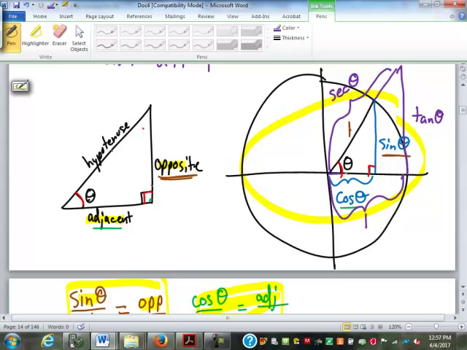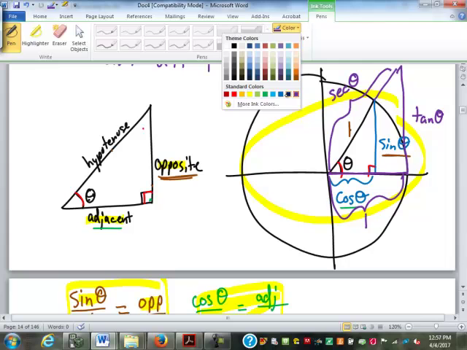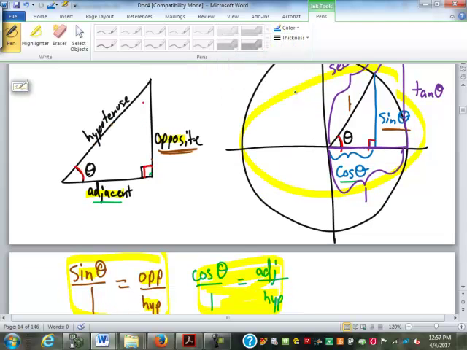That's the radius of the circle all the way out there. So if I look at the tangent of theta, what side of the other triangle corresponds to the tangent? Opposite. This time 1 is down here, so I'm going to use the 1. Now what side of this triangle corresponds to the 1? The adjacent.